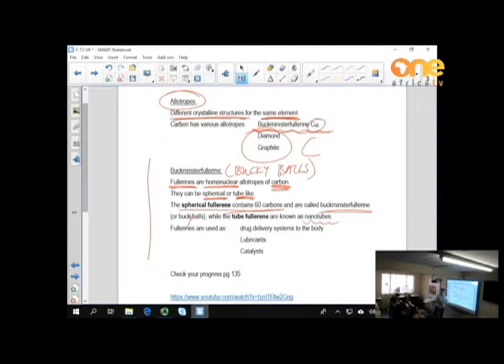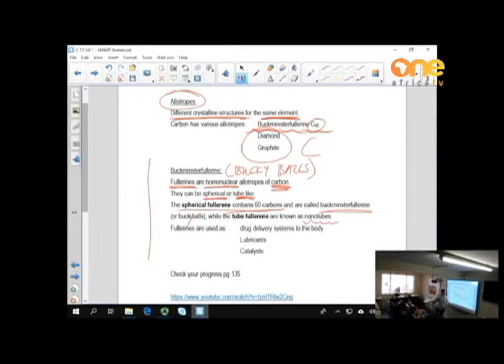Where have you heard about nanotubes? They're investigating nanotubes in terms of conductivity, because graphite conducts, and the nanotubes are made from fullerene that they build onto each other to form long tubes. And these tubes can conduct electricity.